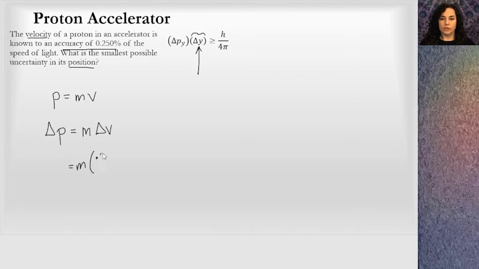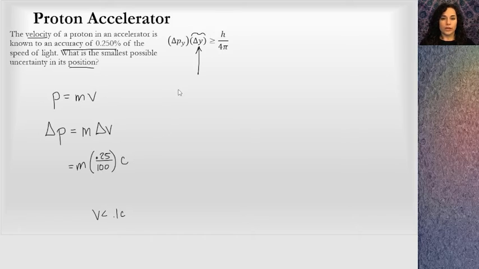They tell me it's 0.25%, so I'm going to go 0.25% divided by 100. So it's like 0.0025 of the speed of light. So we're very much below that limit that I said that this will be accurate. v has to be less than like 10% of the speed of light, and we're definitely there. We're within the classical limit.